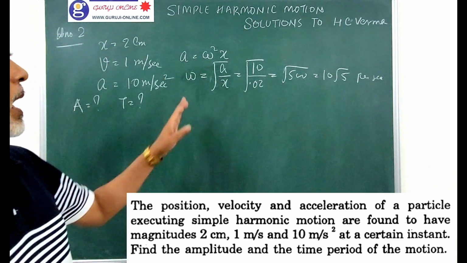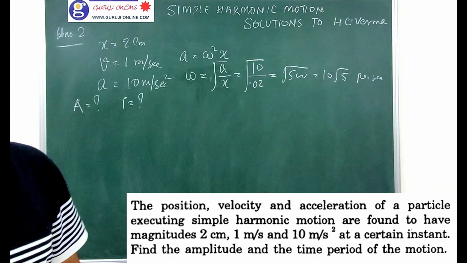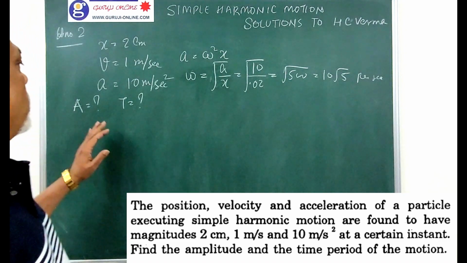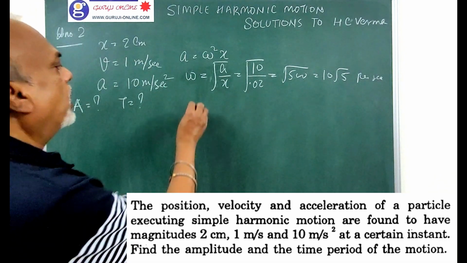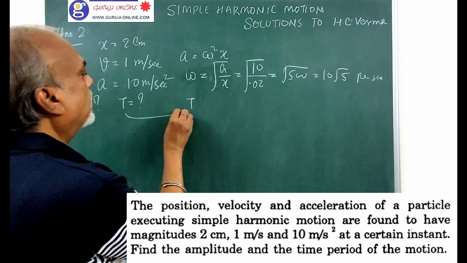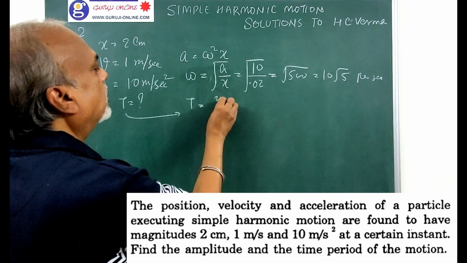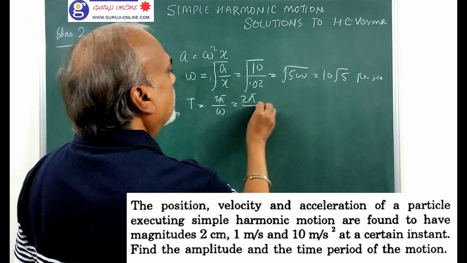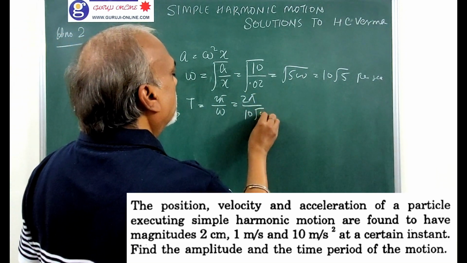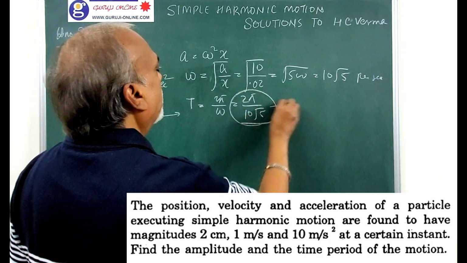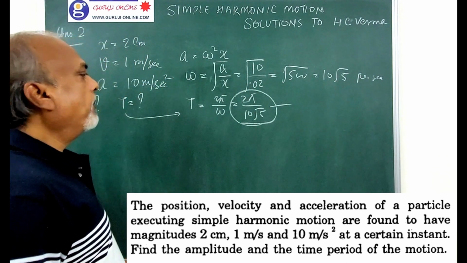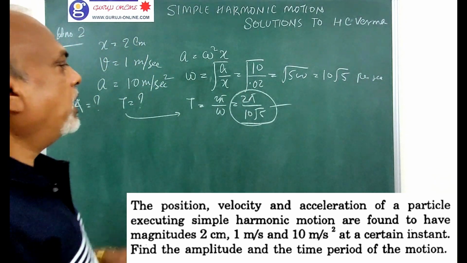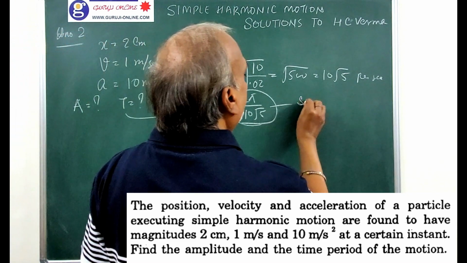So this is your angular frequency. Now from this we can find out time period, that is 2 pi by omega. This you can simplify. This will be time period in, of course, seconds.